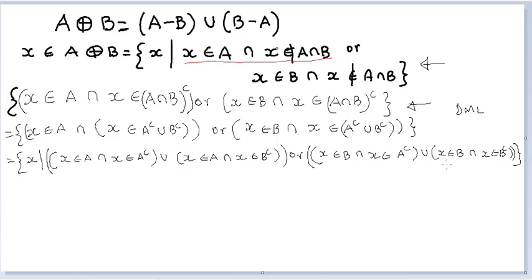So now if you see these two terms are kind of weird here. X belongs to A intersection X belongs to A complement, that will be empty, right? This is the empty set. Similarly, this is the empty set. So we can pretty much ignore them, right?